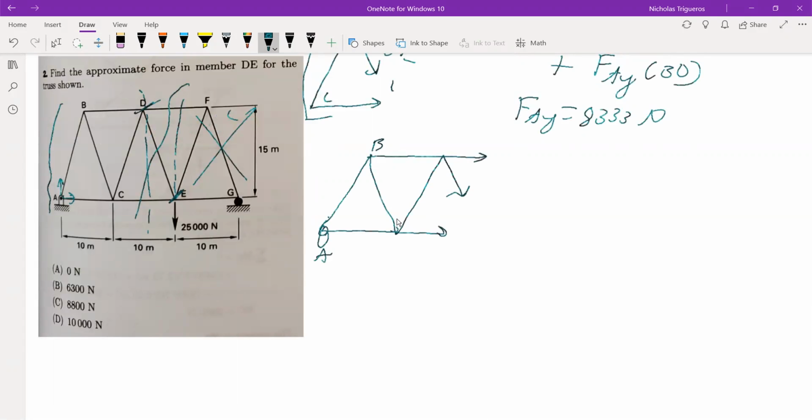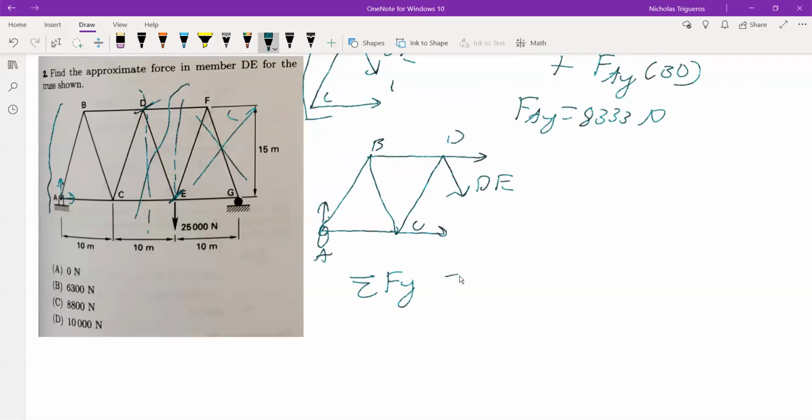A, B, C, D. If we do the sum of the forces here in the Y direction, what do we got? We have this reaction force, and we're also going to have a component from this DE, right? DE.